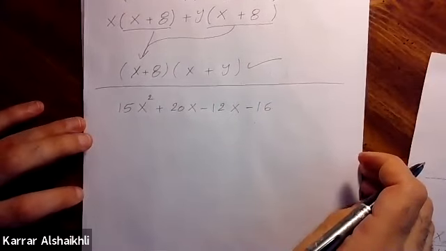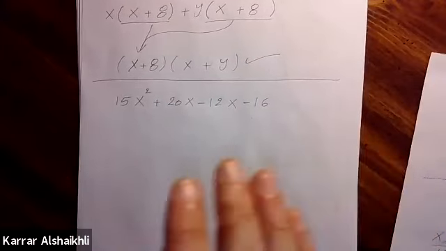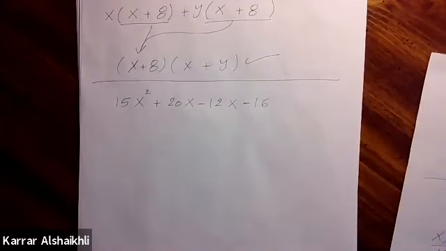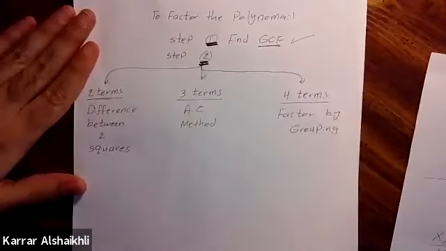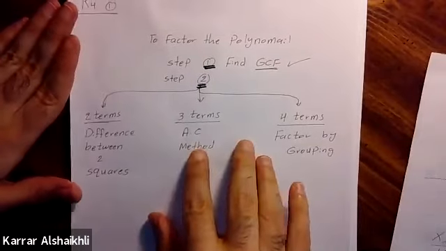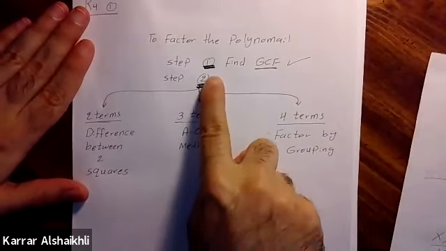Always, I'm telling you, always before you start, you already know we have 4 terms, and when I have 4 terms, I'm going to use factoring by grouping. But you always have to do step 1. Check with step 1.